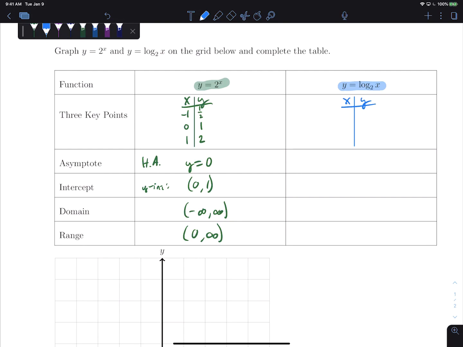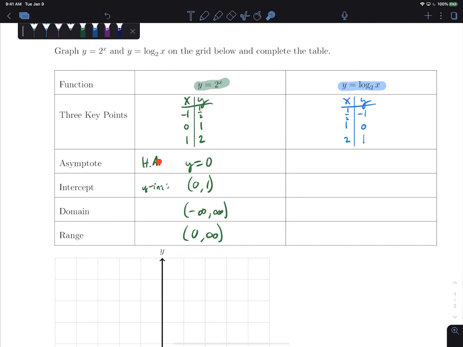So the y's are the ones we fill out first as -1, 0, 1. And this -1 means I flip the base, and the base is 2, so the reciprocal is a half. And this 1 means I keep the base, and the base is 2. So these will be the 3 key points for this logarithmic function.